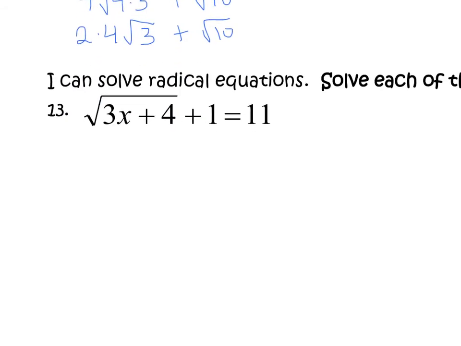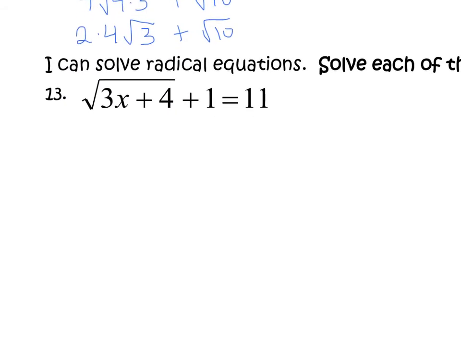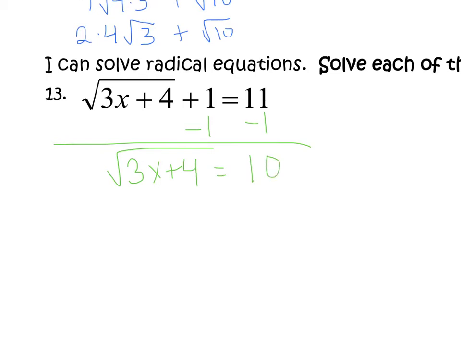You can solve radical equations. Yes, you can. I think these are some of the easiest equations you have solved, judging from the feedback from many of you. Okay. Get the radical by itself. You cannot let that x escape until you get the radical by itself. 3x plus 4 equals 10.